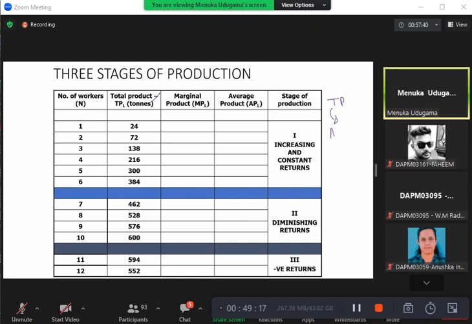So average product then is what? Let's think of the output per unit. We divide the total product by the number of laborers. So it's the total product per laborer, per unit of labor. Right? And then we can also calculate the marginal product.